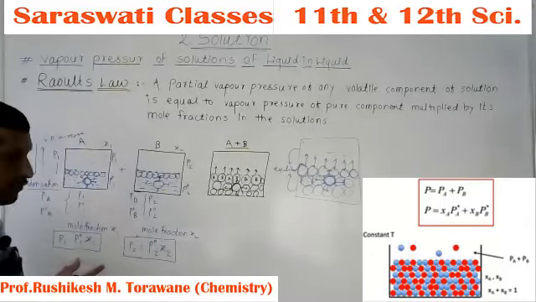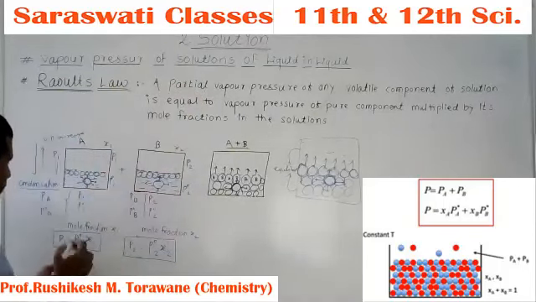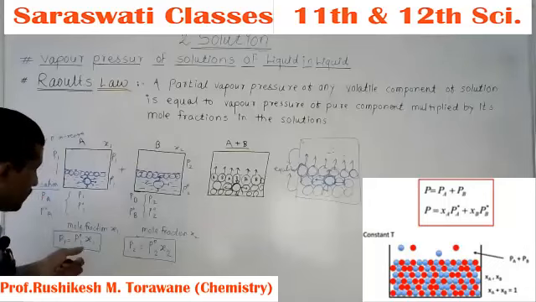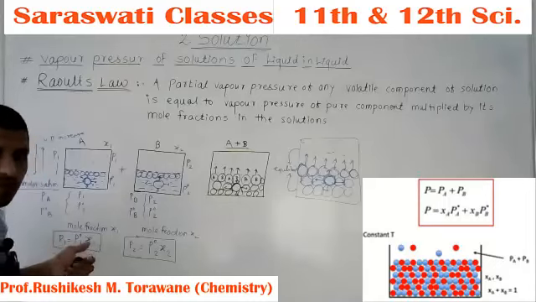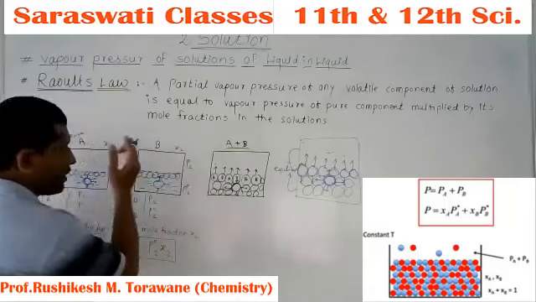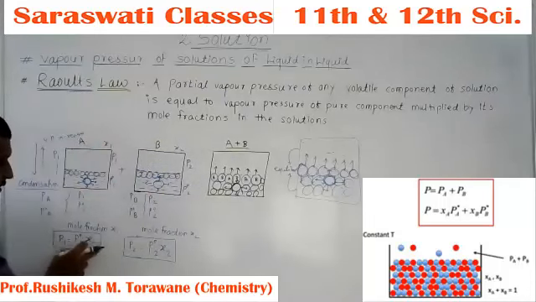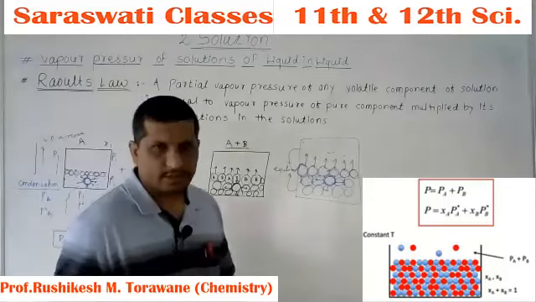These two equations we get according to the definition: the partial vapor pressure of a component in solution is equal to the vapor pressure of the pure component times its mole fraction. For A liquid and B liquid, the partial vapor pressure is represented in this way.